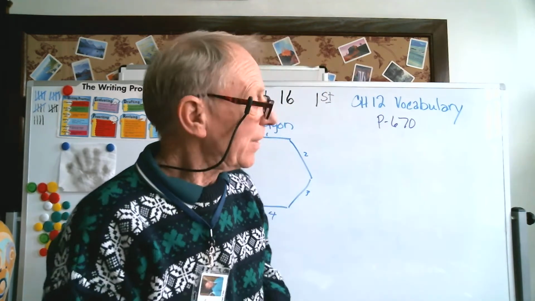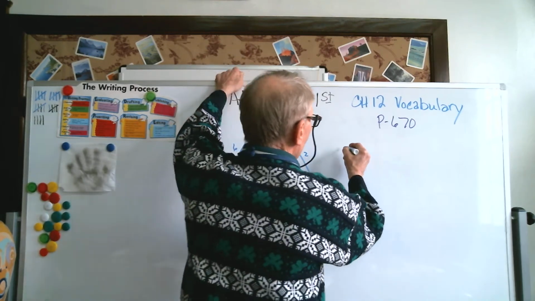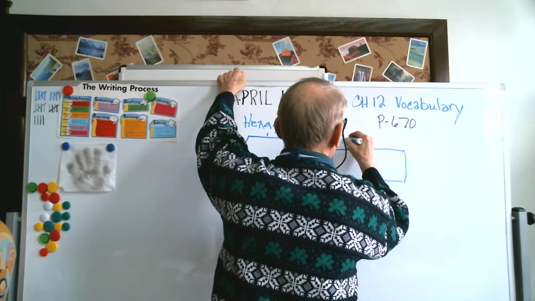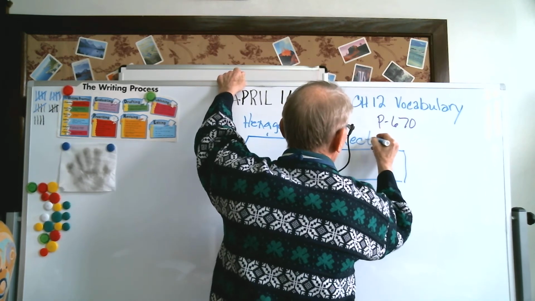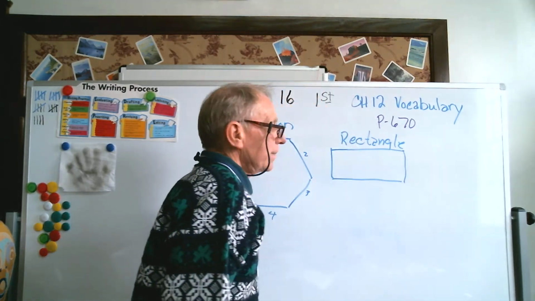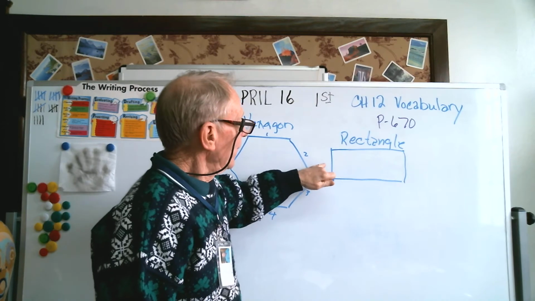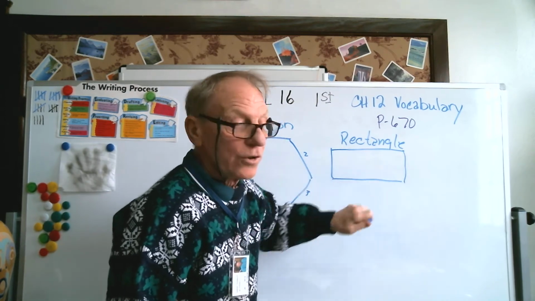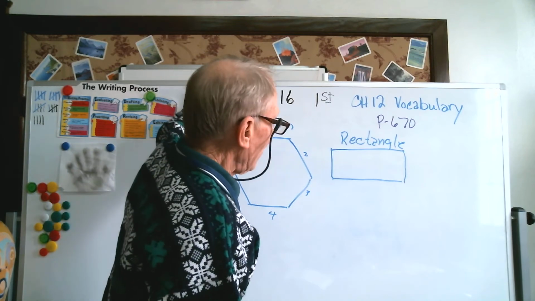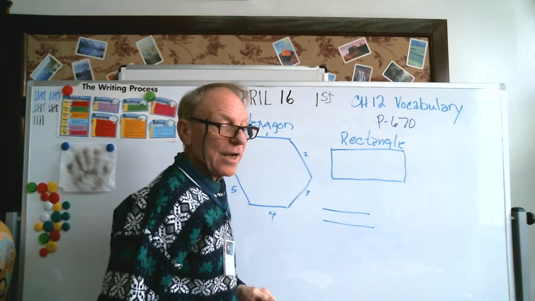The next vocabulary word there is rectangle. And a rectangle is a shape where it has 2 sets of parallel sides. Parallel means the lines never touch.